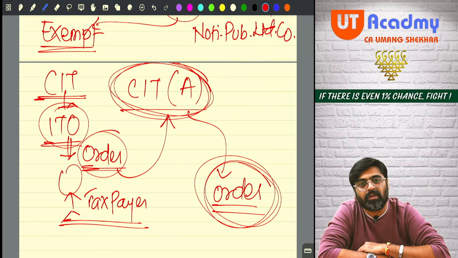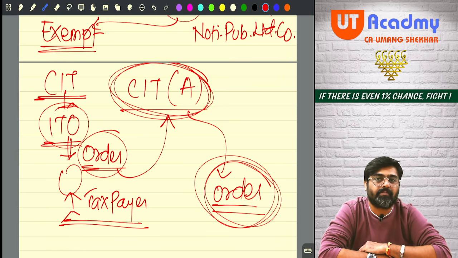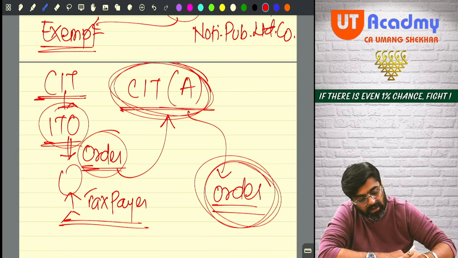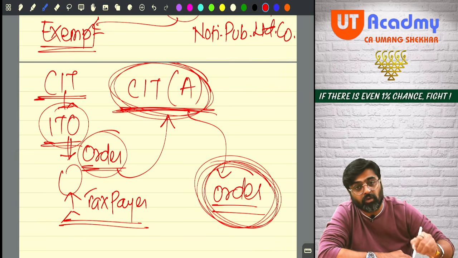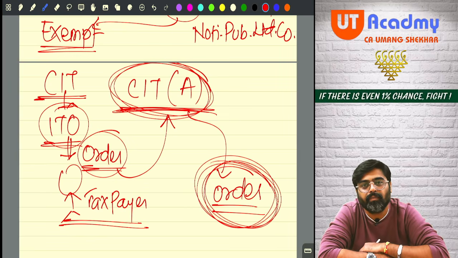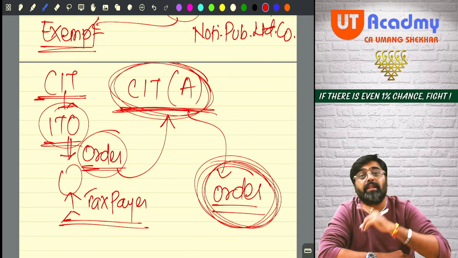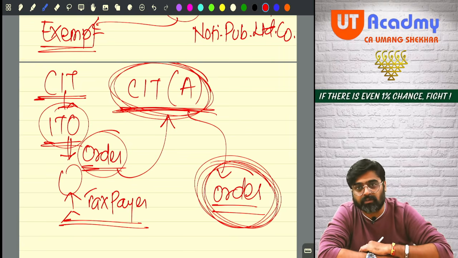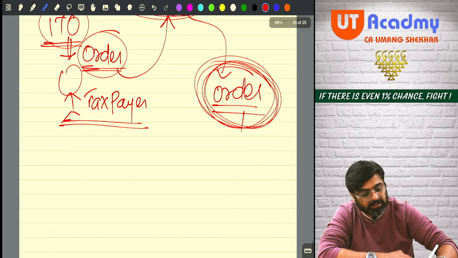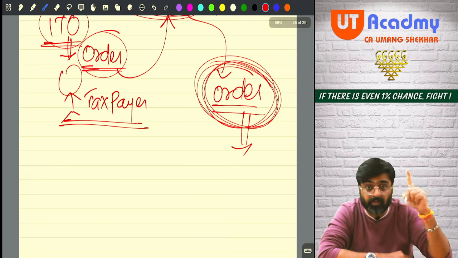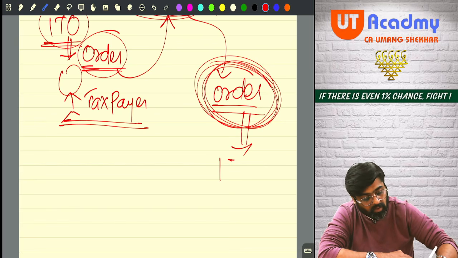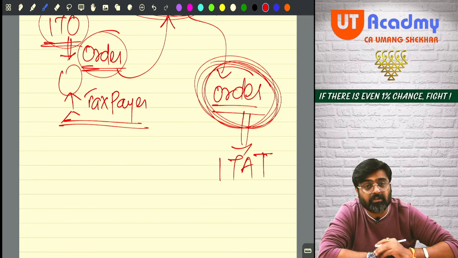Now if you are going to CIT appeals, and if you or the income tax department, against whom the CIT appeals has passed the order, can you challenge this order? Yes. Can the income tax department challenge this order? Yes. And this order will be challenged, and the first case will be filed in a court, and that court will be ITAT, Income Tax Appellate Tribunal.